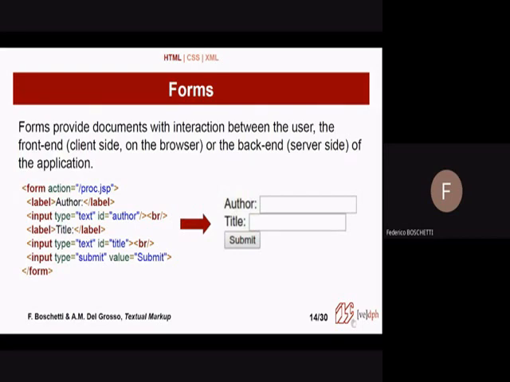It is indicated by the attribute action. Okay, you have the label and then the input control. In this case, as you can see, you have an input of type text, with an ID author.